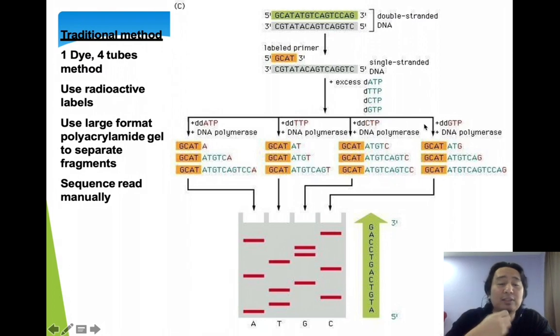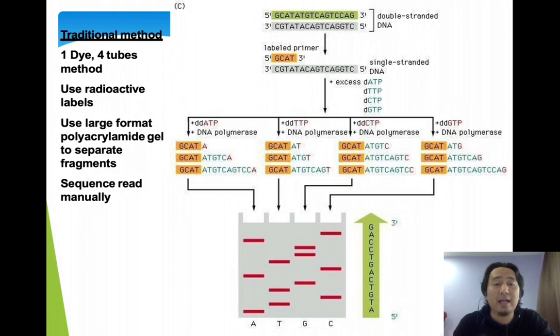Okay, let's go to the first one. When the primer is already attached here, DNA polymerase will recognize it and start to read. In the first tube, it will only terminate elongation. Elongation by DNA polymerase will be terminated if DNA polymerase recognizes adenine.